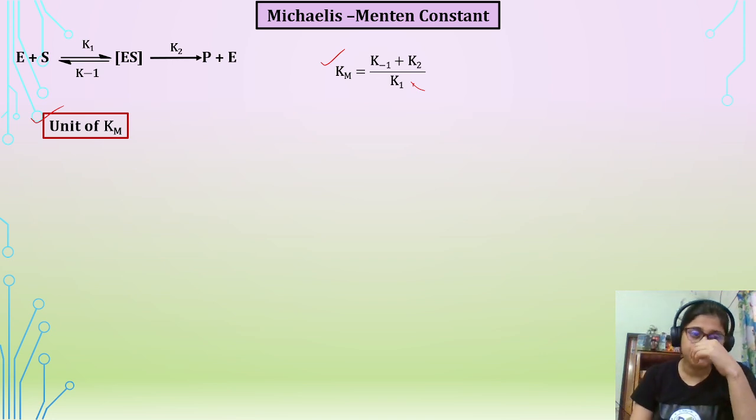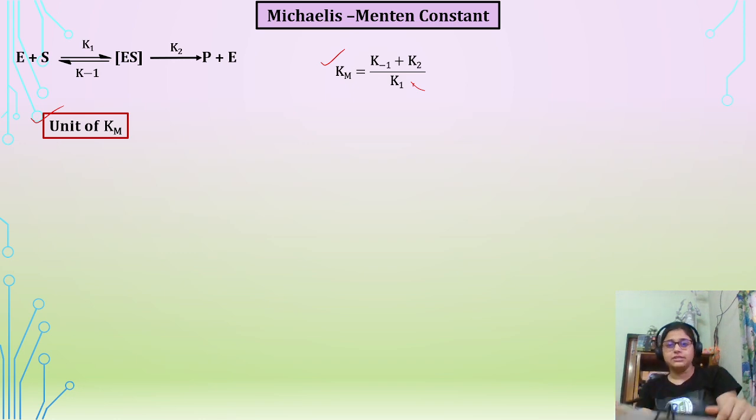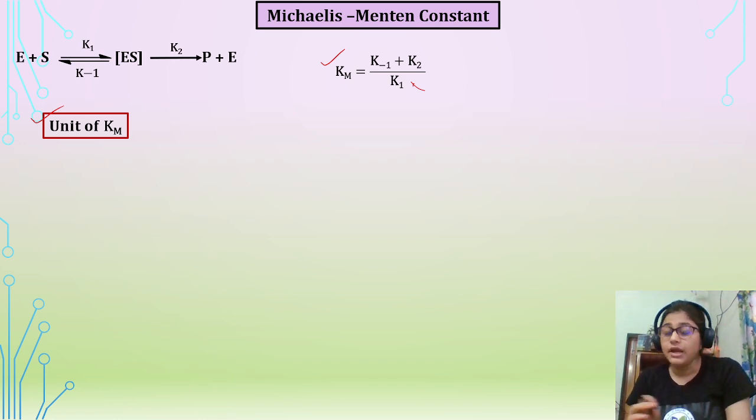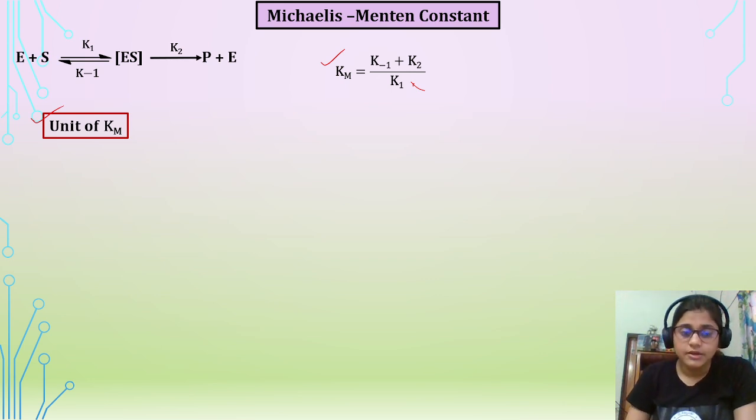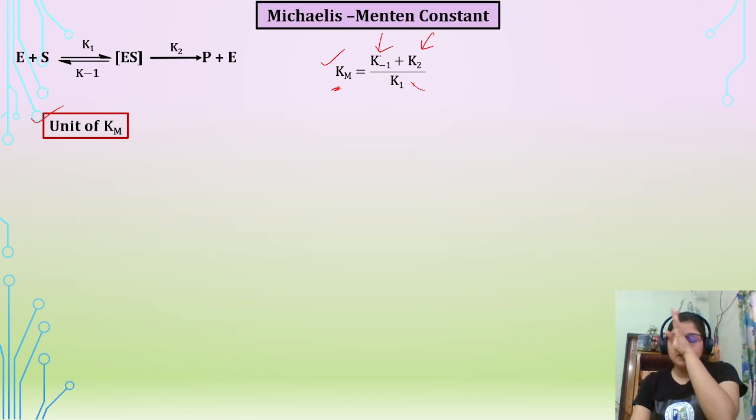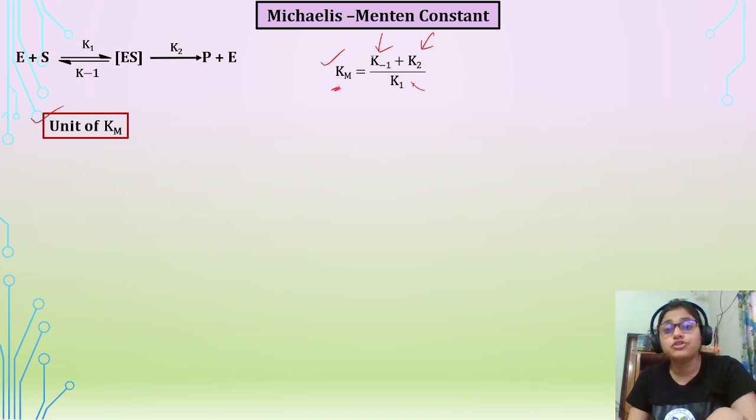Okay, it is not like other terms, like energy, where it is calorie or joule. This is not like that. It depends on the order of the reaction. So we have to know all these rate constants. This is not a rate constant, these are rate constants. So we have to understand that this is the rate constant of which order reaction.